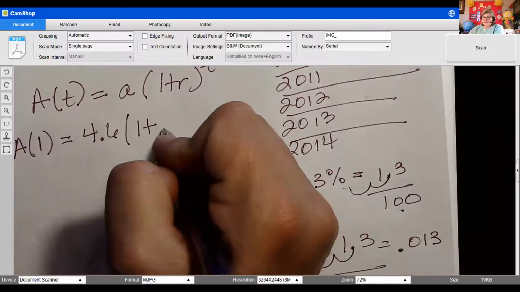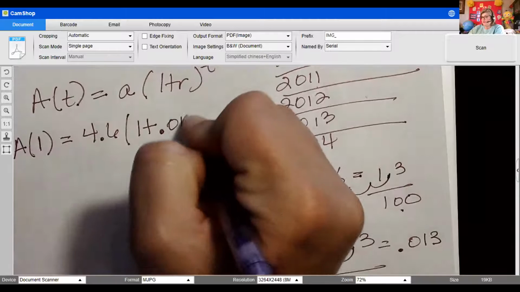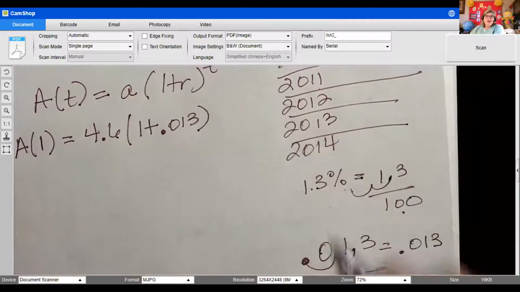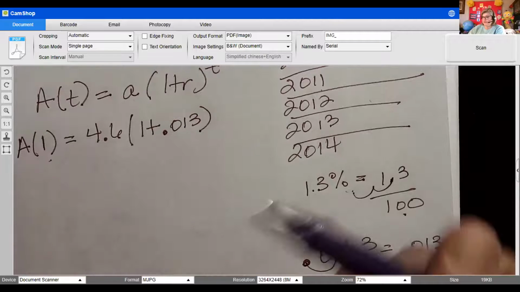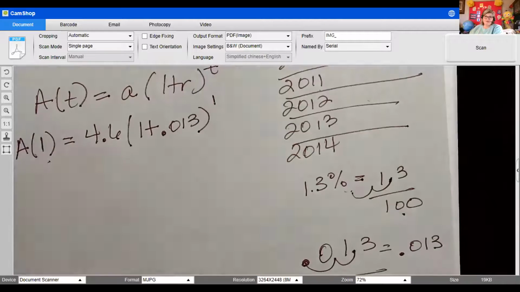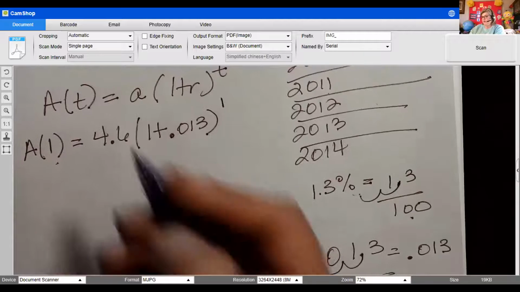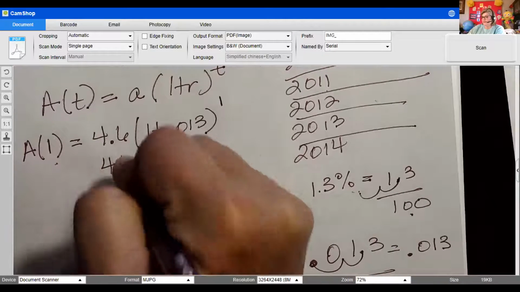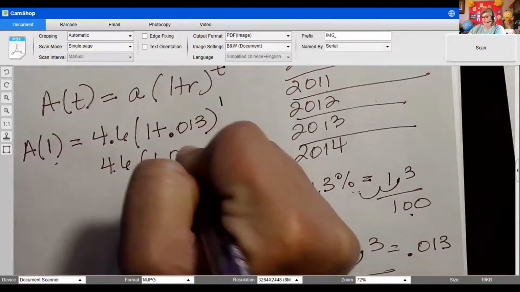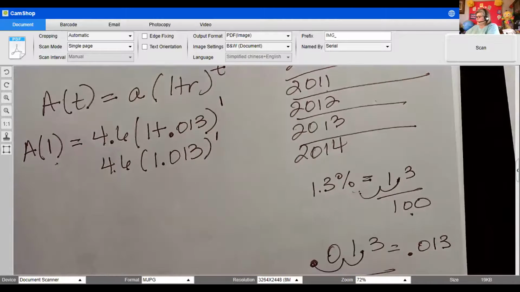And that's what we have to put up here, 0.013, our decimal form. And we're only going 1 year into the future, so we raise that to the 1. Now we can simplify this down to 4.6 times 1.013 raised to the 1.